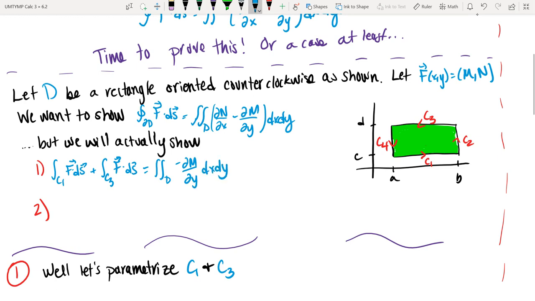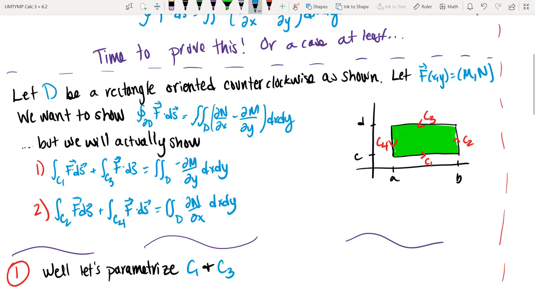Okay, and then similarly we will show that the integral over C2 of f dot ds plus the integral over C4 of f dot ds is equal to the double integral over D of the partial of N with respect to x dx dy.